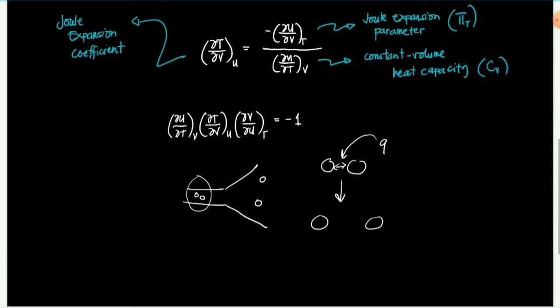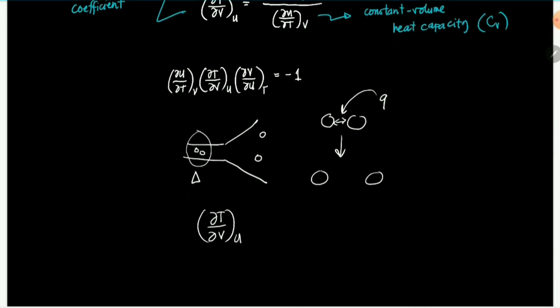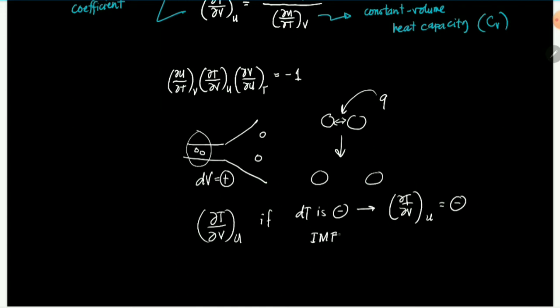So, therefore, okay, the partial derivative of T with respect to V at constant U, if dV is positive, okay, if dT is negative, this particular coefficient is negative, okay? Therefore, IMFA is present. And the interaction between the gases are predominantly attractive.